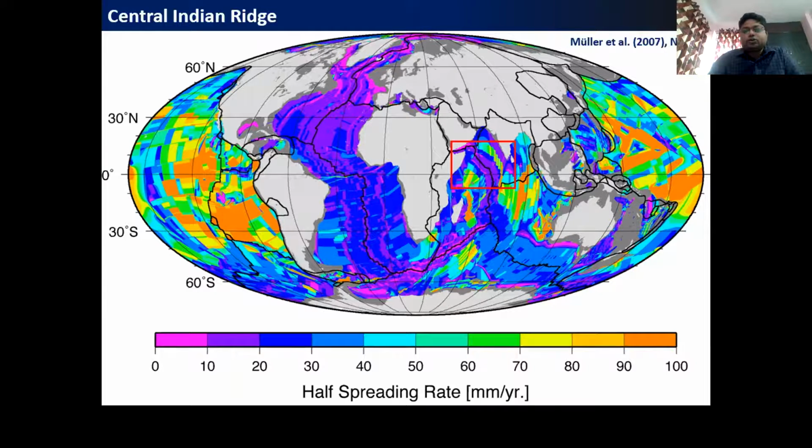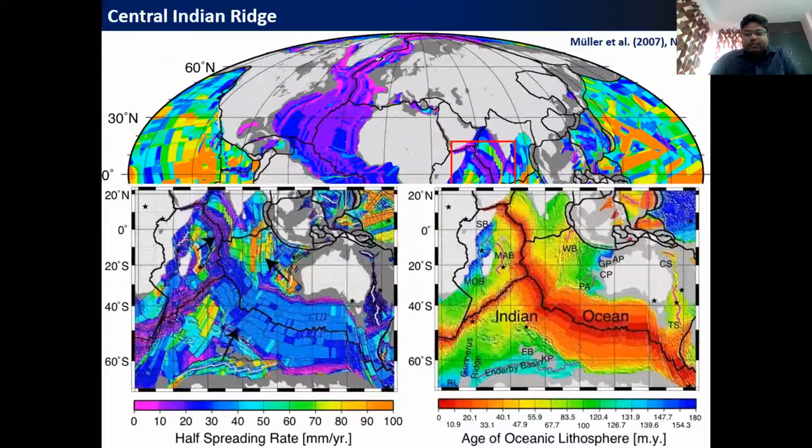Close to India, near Lakshadweep, we have the Central Indian Ridge. So this is one of the ultra-slow spreading ridges, where the half spreading rate is less than 10 millimeters per year. So this is the closer picture of your Central Indian Ridge setting, and the age here is not very much.